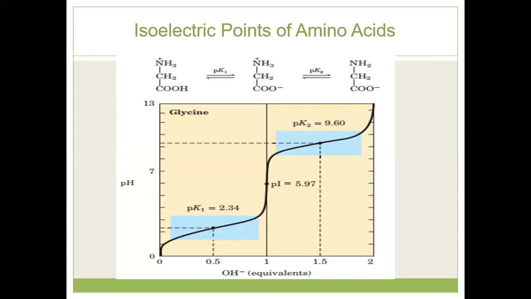The pH at which that tendency equates to each other, that tendency becomes equal, then the whole compound becomes neutral. The tendency to accept and the tendency to donate are equal, then the compound becomes neutral. Is that clear?